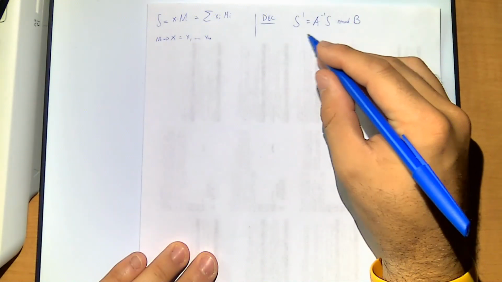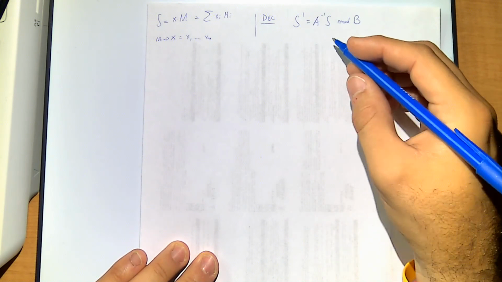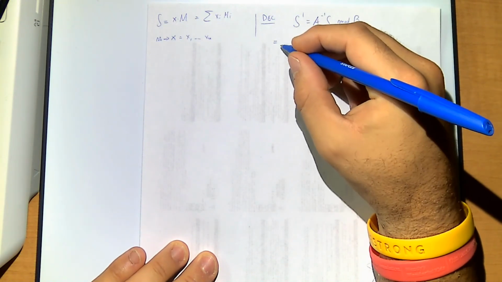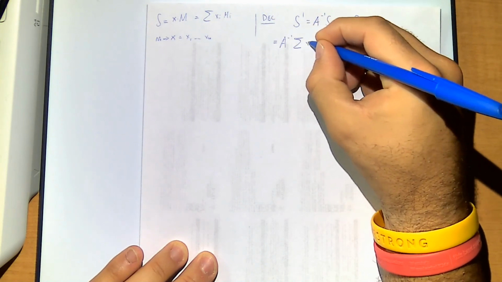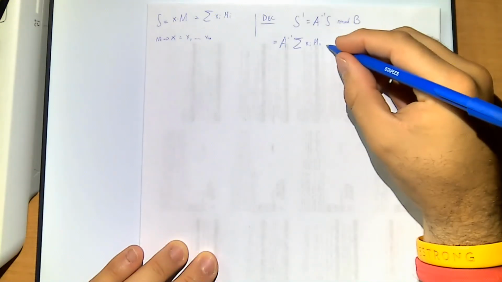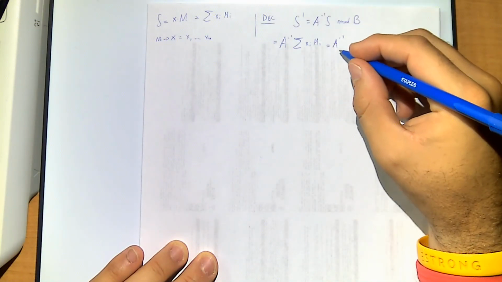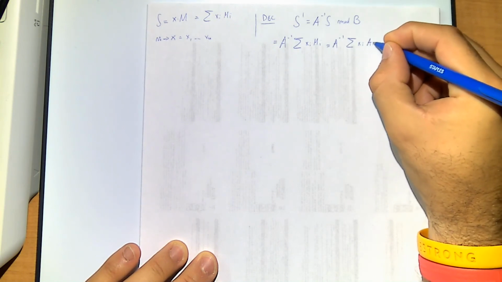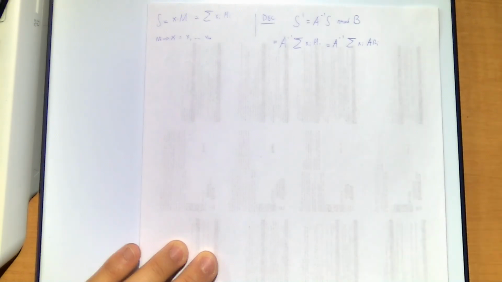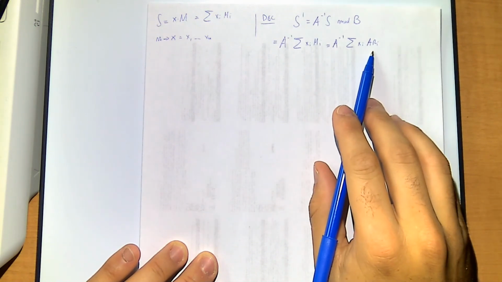And let's see that this is true. What is S prime, equal to A inverse S? This is equal to A inverse times this sum, which is in fact A inverse times the sum of xi A Ri, because Mi was A Ri.